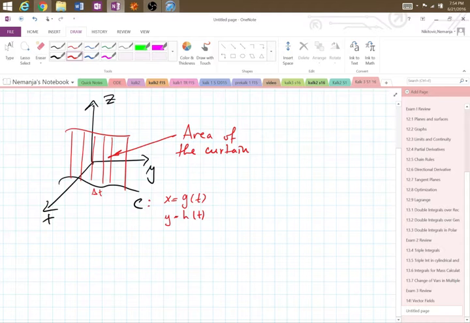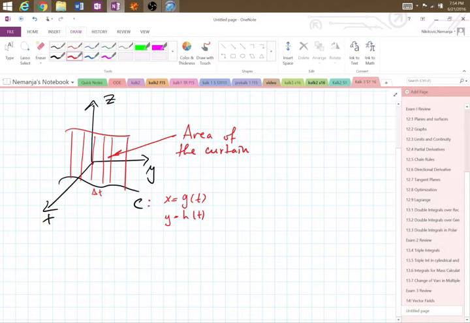And what you do is you multiply them all together with the height of the function, and you get exactly the same thing like in calculus 1, the Riemann integral.